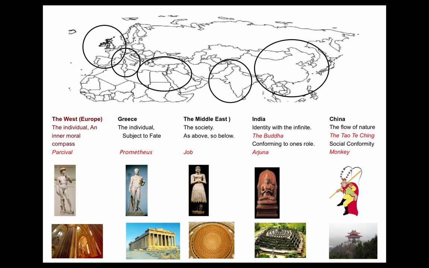And that includes the flow of nature, but it's the flow of all things. And we should put ourselves in harmony with that flow. And here we see in a Chinese temple, it's open, nature can flow through it.